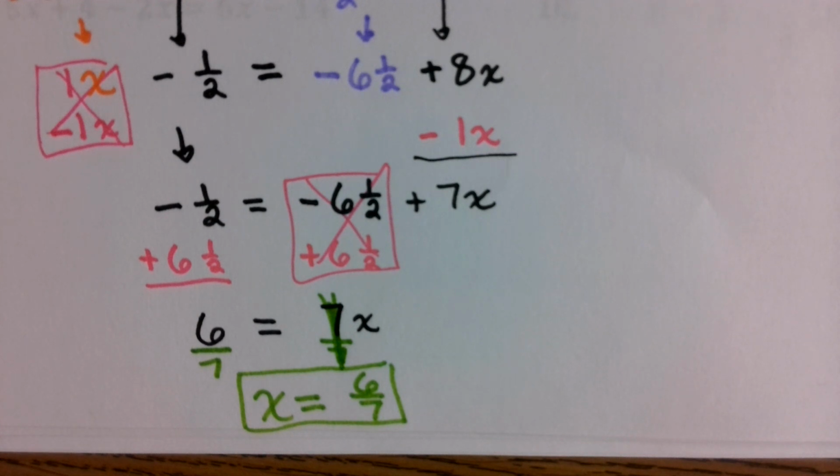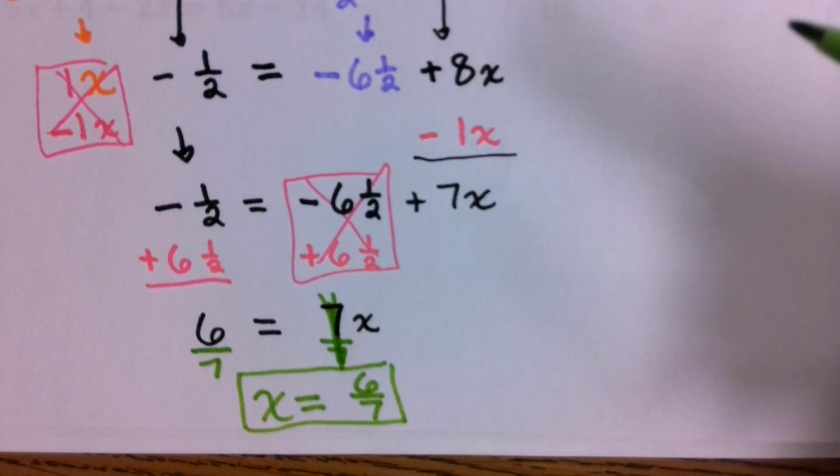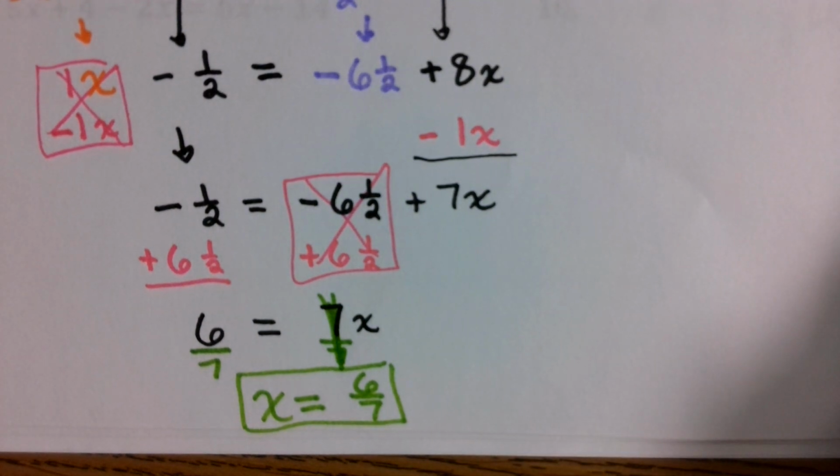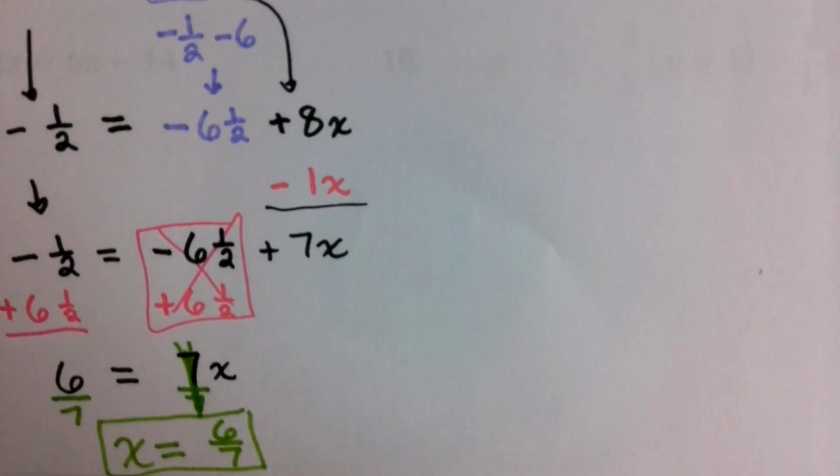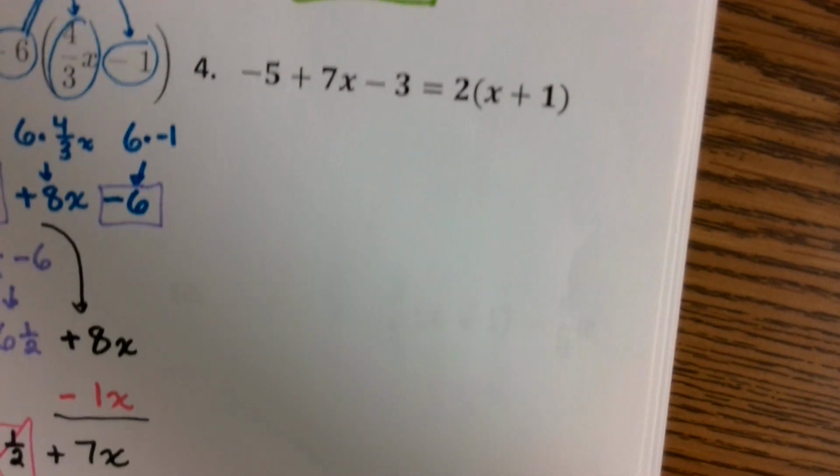Leave it in fraction form, unless it's otherwise stated. So if the question gives you decimals, then do decimal form. But if you're getting fractional answers and you were dealing with originally whole numbers or other fractions, leave it in fraction form. Okay? All right, let's take a look at problem number 4.